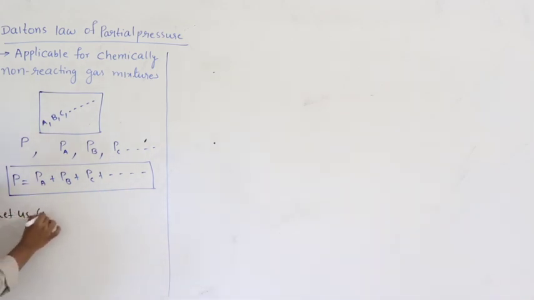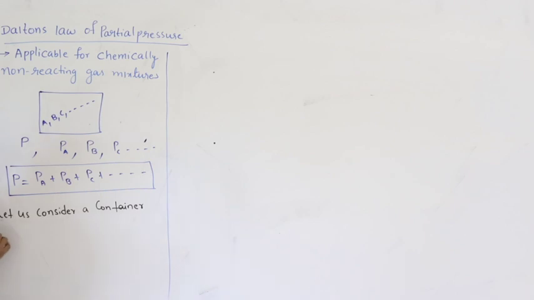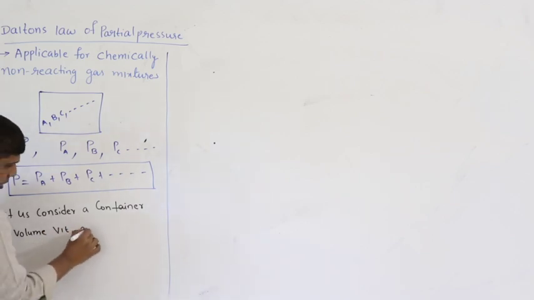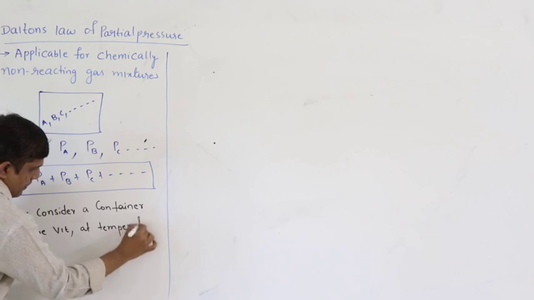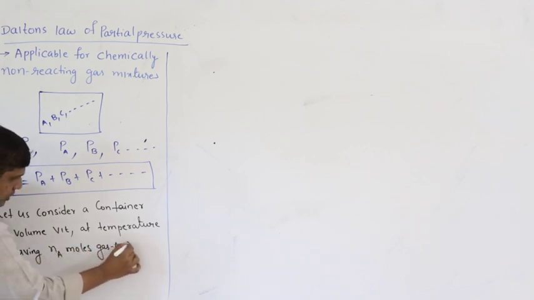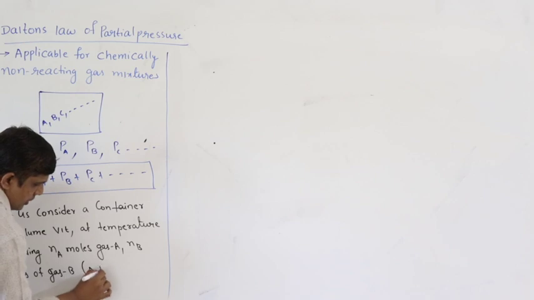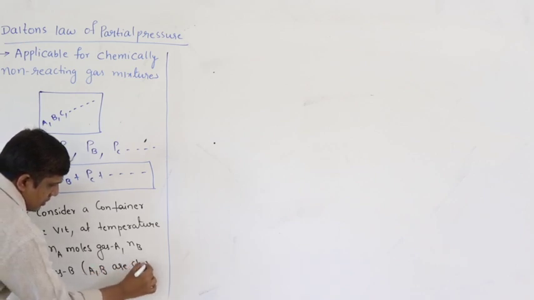Let us consider a container of volume V at temperature T, having Na moles of gas A and Nb moles of gas B. A and B are chemically non-reacting.